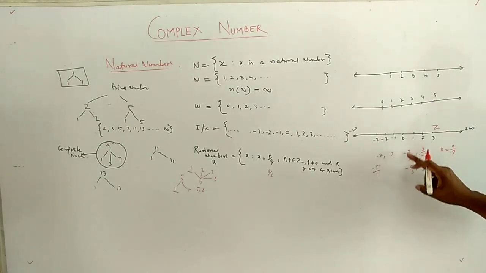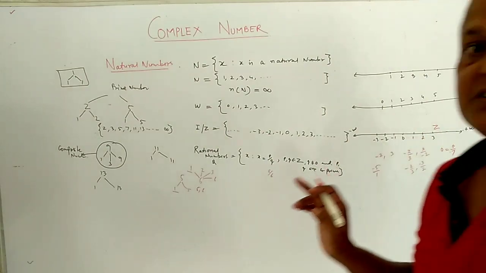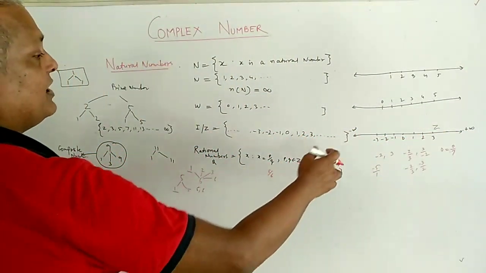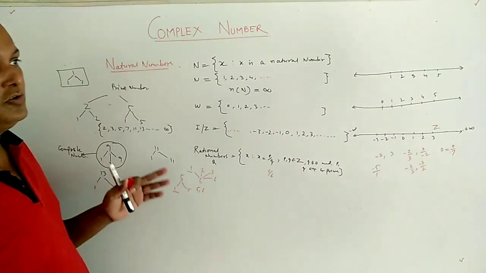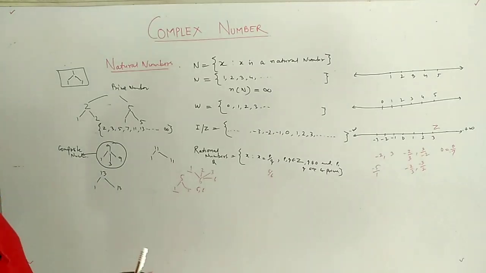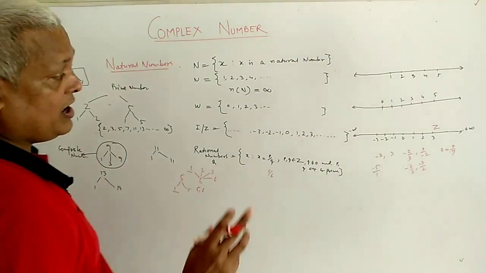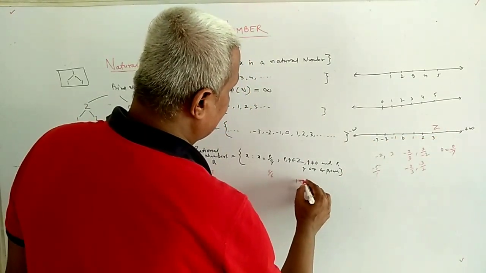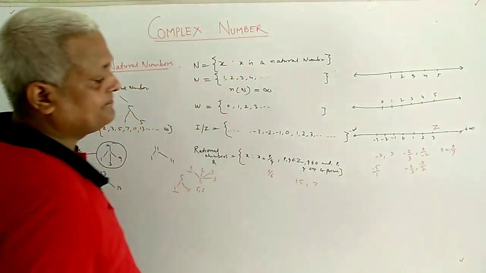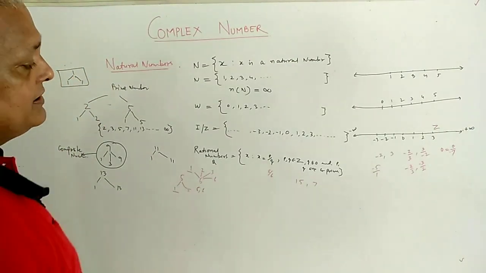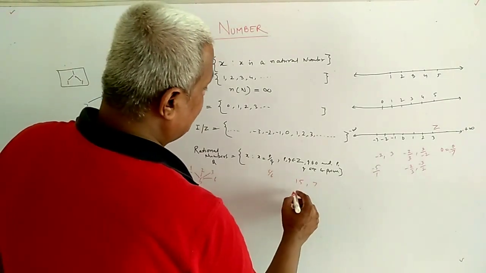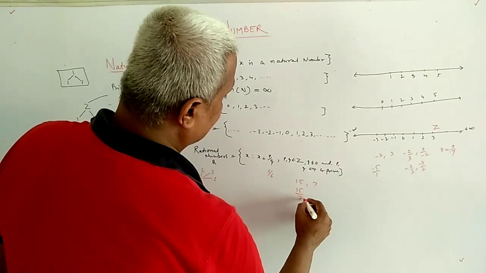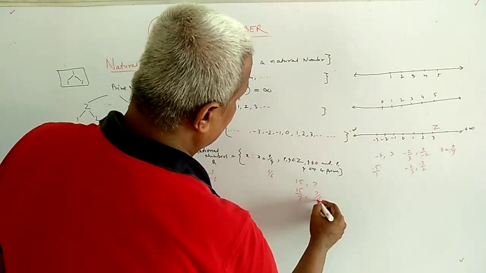When you have rational numbers in the form of a fraction, two types of situation can arise, because you are dividing one number by another number. Suppose I pick any two numbers, say 15 and 7. Case number 1: 15 divided by 7, or 7 divided by 15.